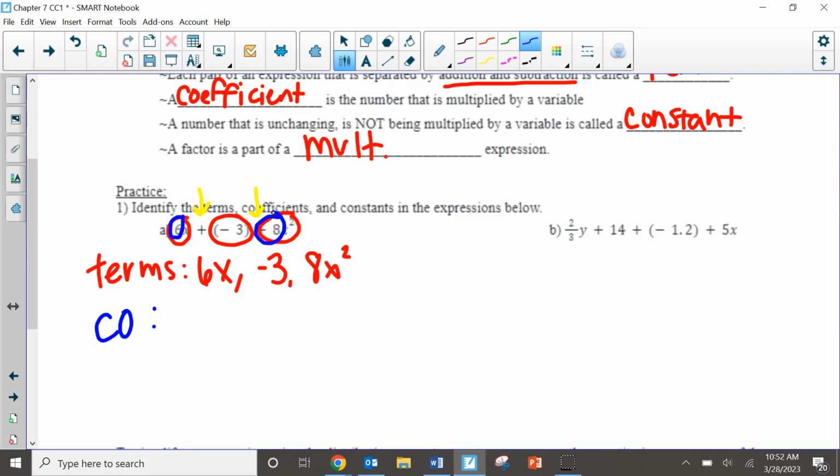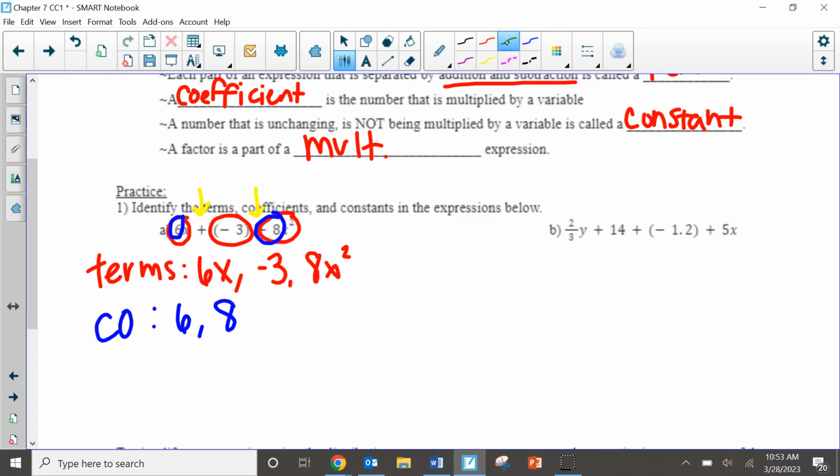So the coefficients, I have a 6 and I have an 8. Okay, remember that it's not 6x. The x has its own name. Okay, that's a variable. The coefficient is just the number that is being multiplied by the variable. Same thing with the 8. You're saying 8 times whatever x squared is. Okay, so that is just the coefficient.